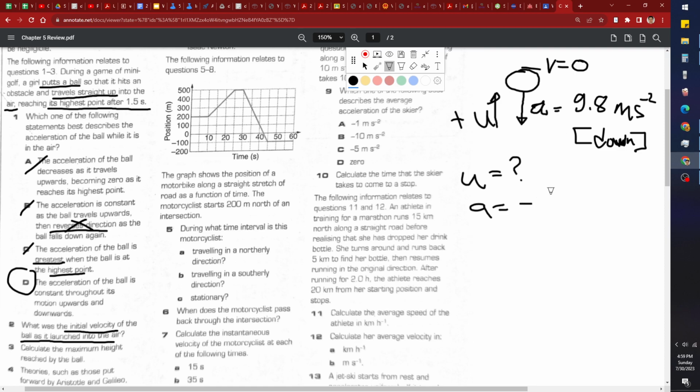That means we have to make that value negative now. And then we also know that eventually it will stop at its highest point. So that will be v, and we know how long it takes to get to that highest point. According to the first part, it took 1.5 seconds to do that.